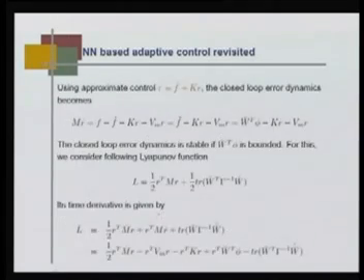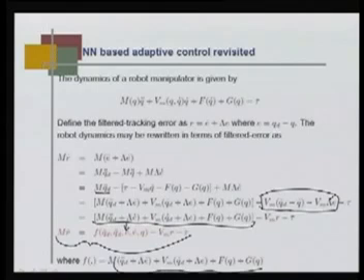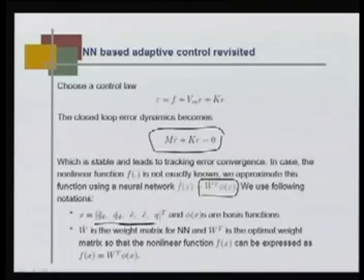You can easily see also that this quantity is a function of q d double dot, q d dot, e dot, e, and q.